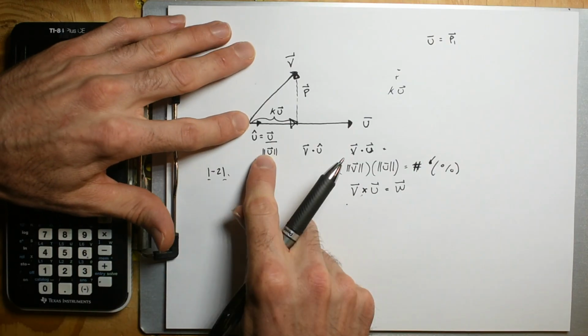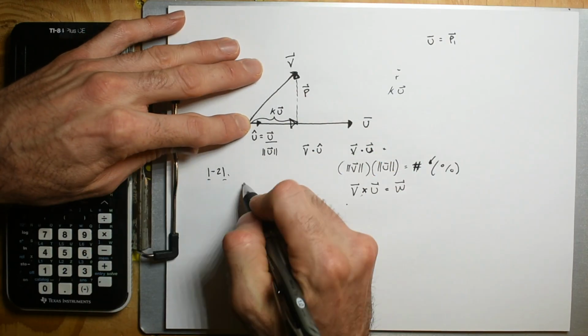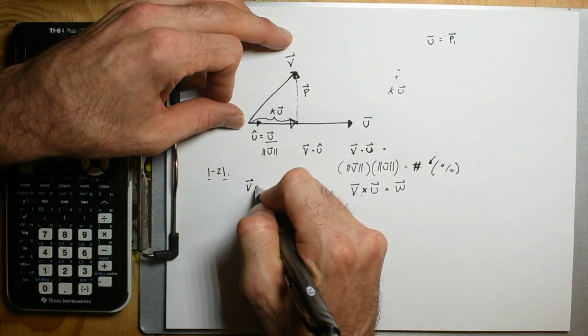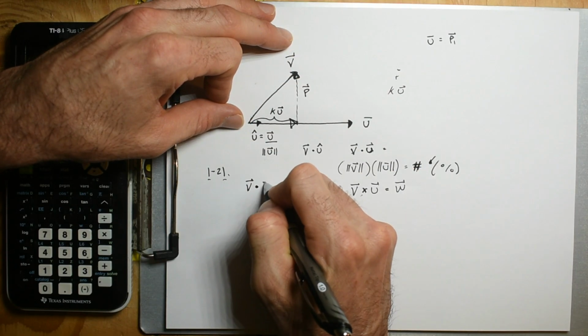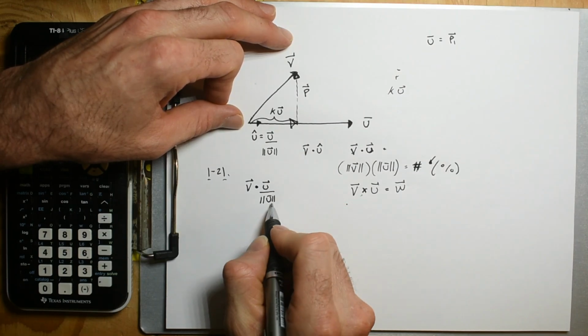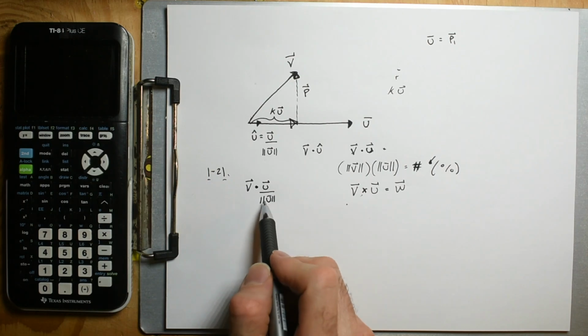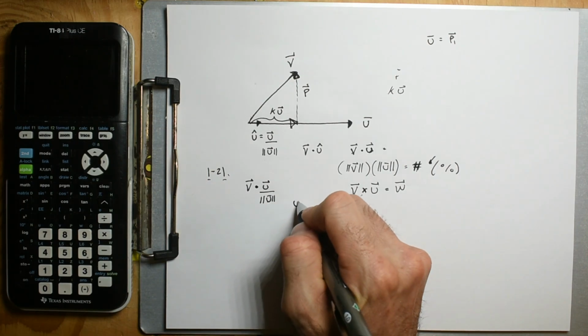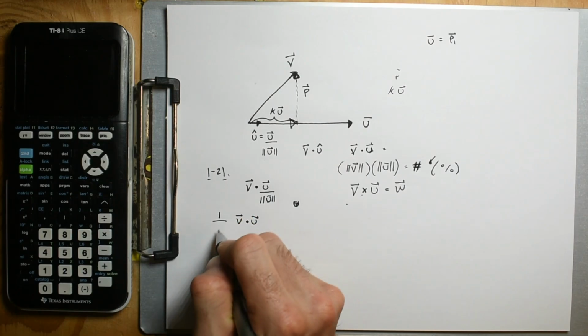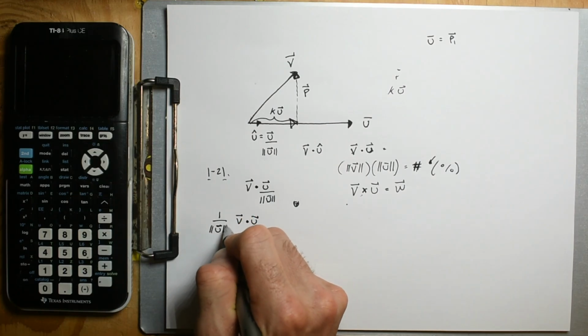I think it's interesting that this value could have just been vector V dotted with vector U, but the unit vector of it, so divided by the magnitude. Because this is a scalar, it's still just vector V dotted with U, and then you could even bring that scalar out.